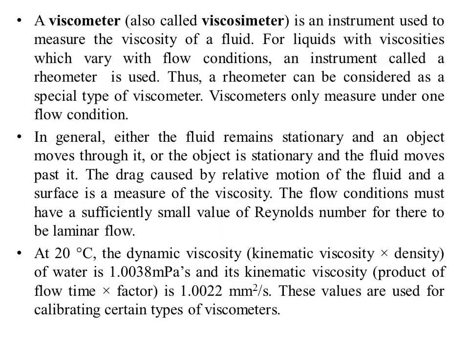The flow conditions must have a sufficiently small value of Reynolds number for there to be laminar flow. At 20 degrees, the dynamic viscosity of water and the kinematic viscosity are different. These values are used for calibrating certain types of viscometers.